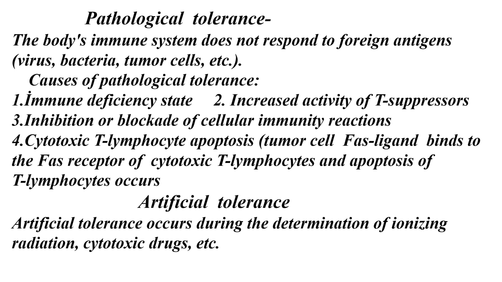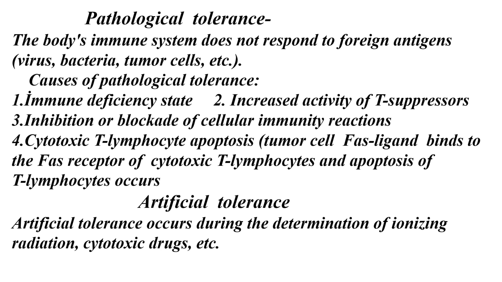Pathological tolerance: the body's immune system doesn't respond to foreign antigen, to a virus, bacteria, tumor cell, and so on. Causes of pathological tolerance and following immune deficiency state are increasing activity of T suppressor cells, inhibition or blockage of cellular immunity reaction, and cytotoxic T cell apoptosis, as tumor cells have a Fas ligand.